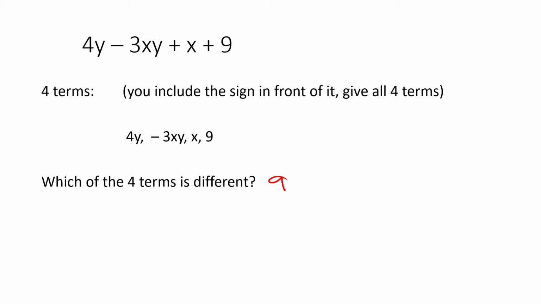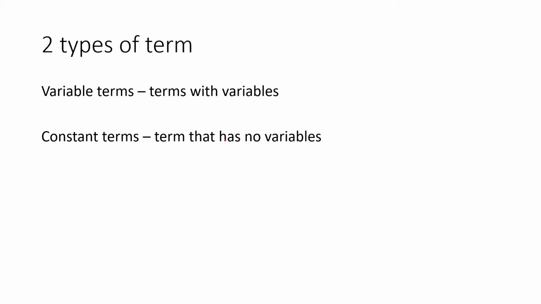So what does this tell us? It tells us that there are actually two kinds of terms, a variable term and a constant term. Variable terms are basically terms with variables, and constant terms are terms with no variables. It's just self-explanatory. Okay?